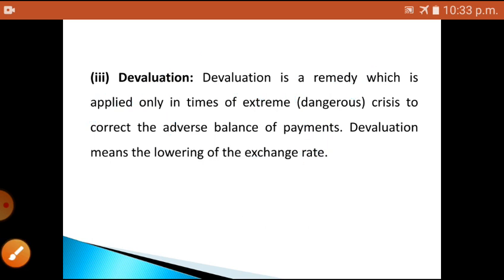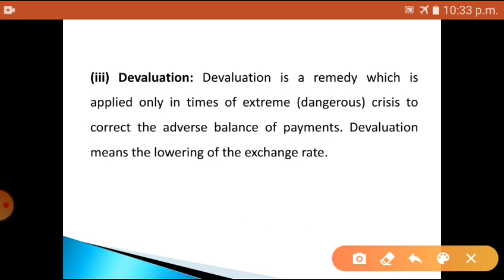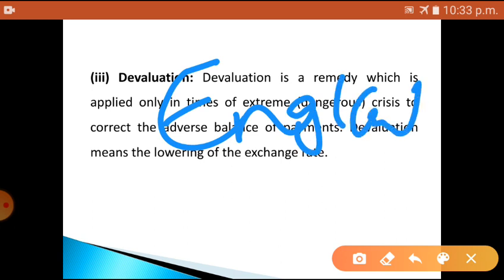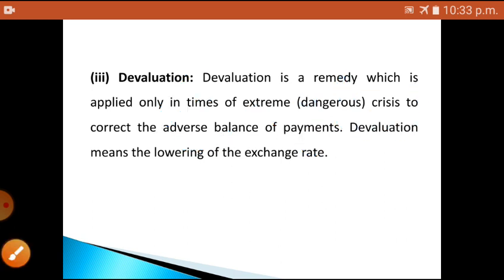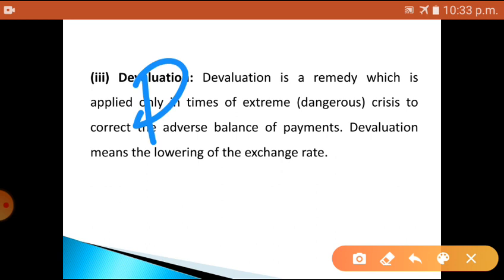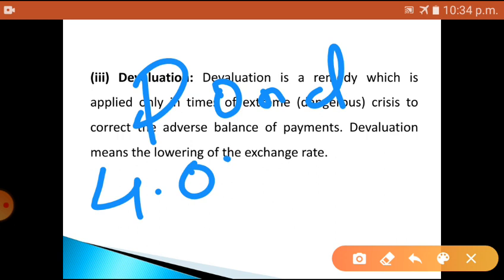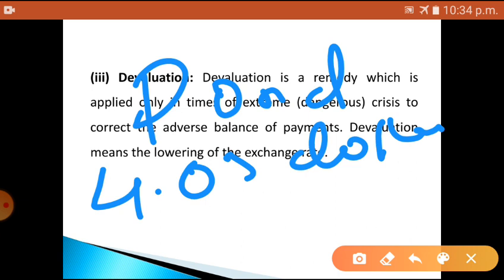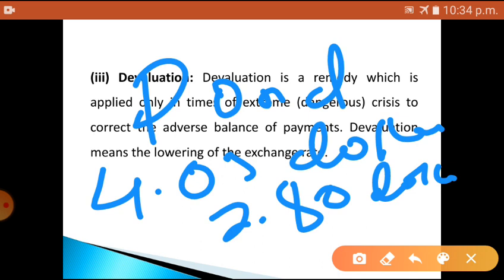For example, England devalued its currency, the pound. It was $4.3, and they devalued it to $2.80.